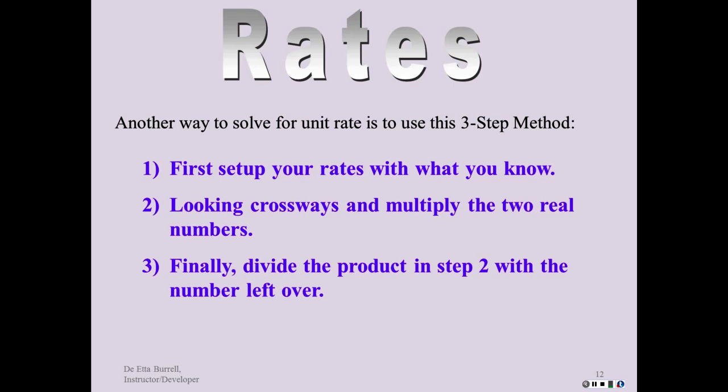We know that a per unit rate means per 1 unit. So we could use what's called the three-step method to set up our rates and solve for their unit rate. Especially when fractions are involved or decimals are involved, sometimes you need to have another method to figure out the rate.